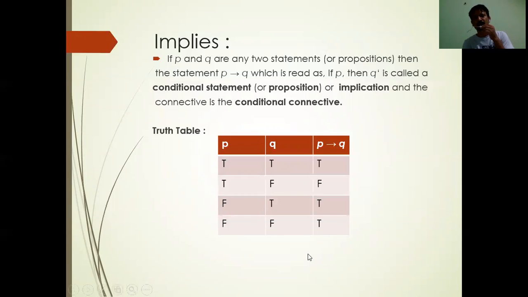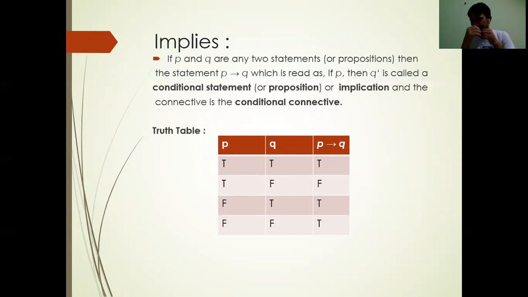Right? So the truth table for this one: P, Q, two statements are there, so 4 rows. P implies Q. If P, then Q. If P, then Q, right?